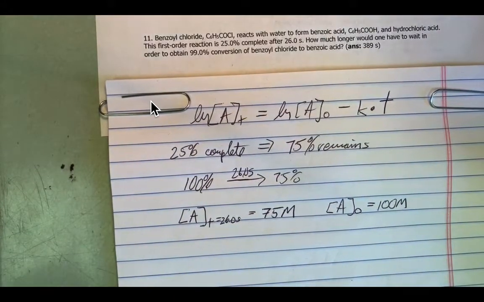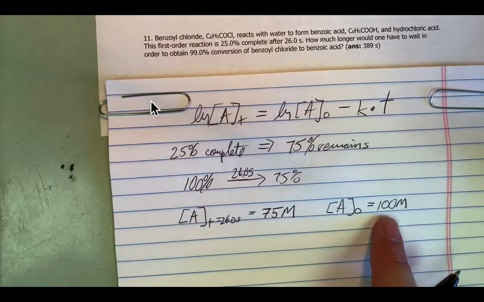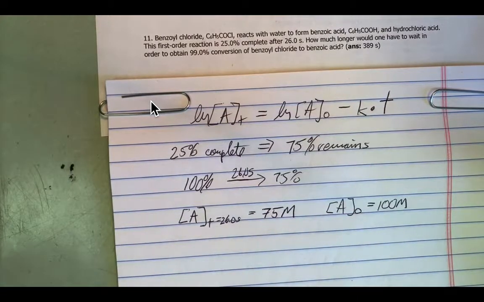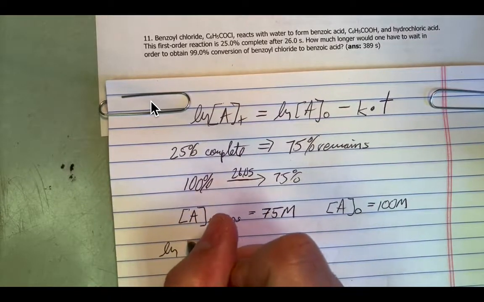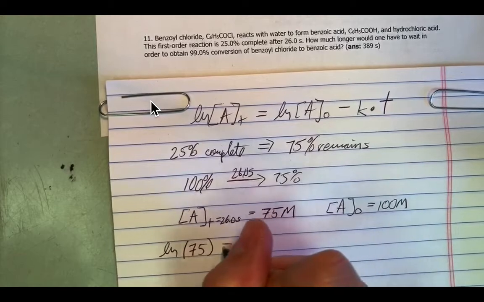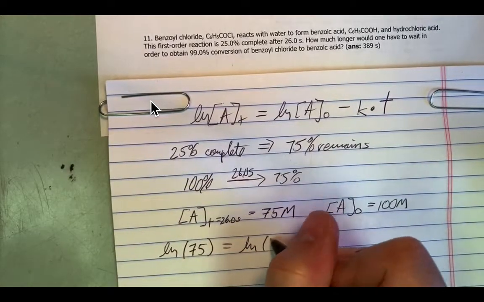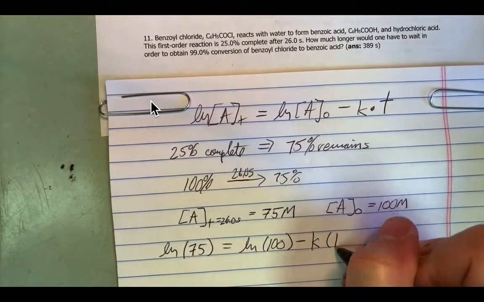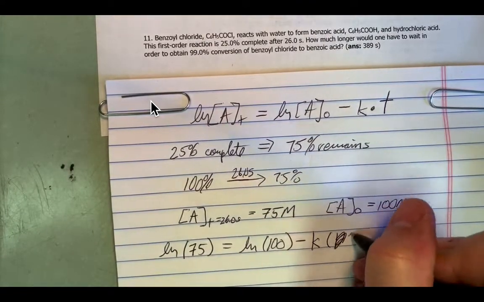That gives us the right ratio, and that's all that matters for this equation. So over the course of this 26 seconds, we went from 100 molar to 75 molar. And now this should look like something that you've practiced. So natural log of 75 is equal to natural log of 100 minus K, and the time is 26 seconds.